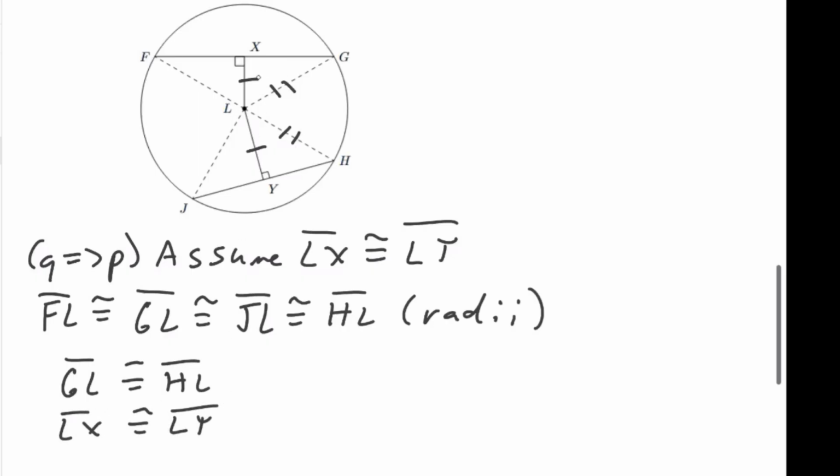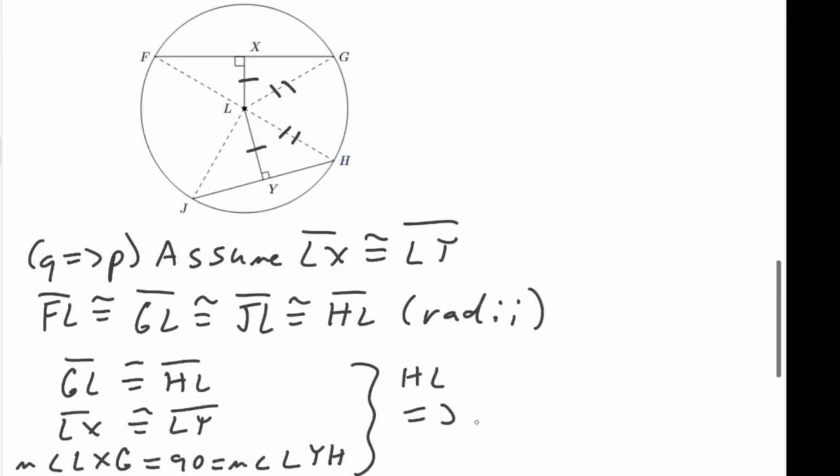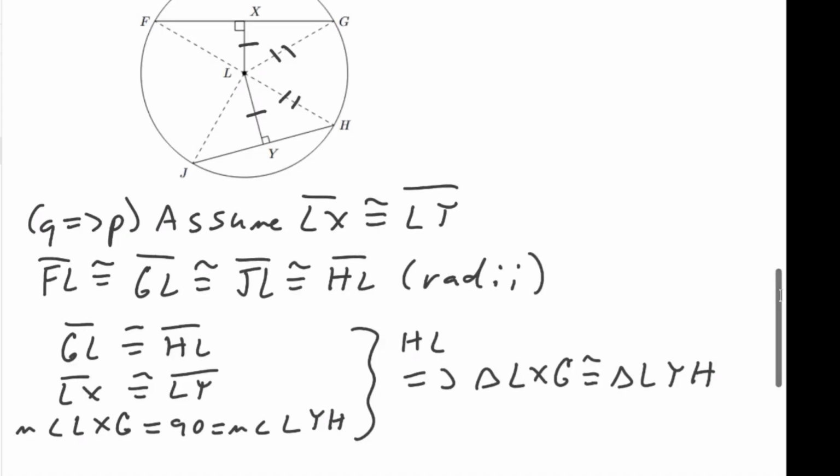And just to showcase that these two triangles are right, so I can use hypotenuse leg, I have the measure of angle LXG is equal to 90, which is equal to the measure of angle LYH. So by hypotenuse leg, triangle LXG is congruent to triangle LYH. So now, since those are congruent, XG is congruent to YH.